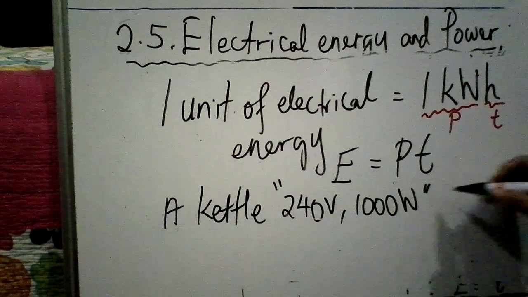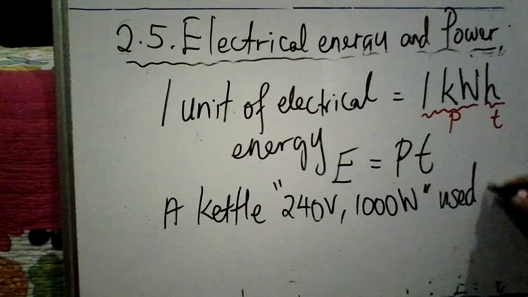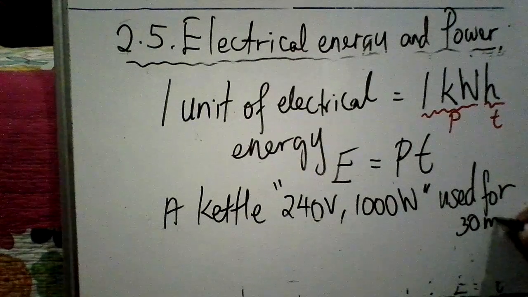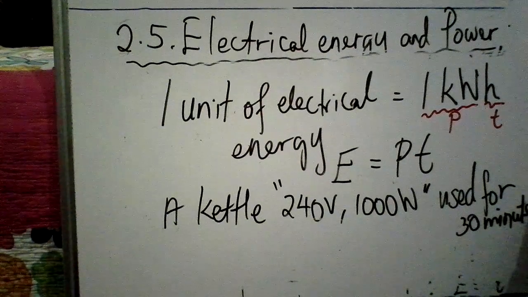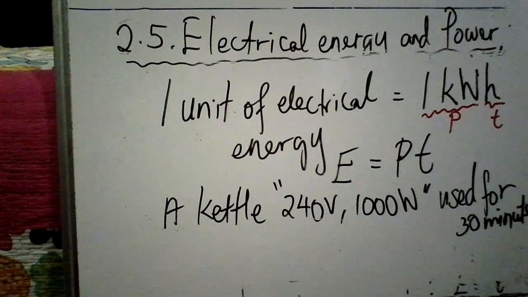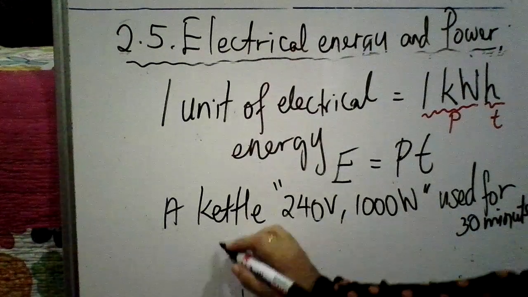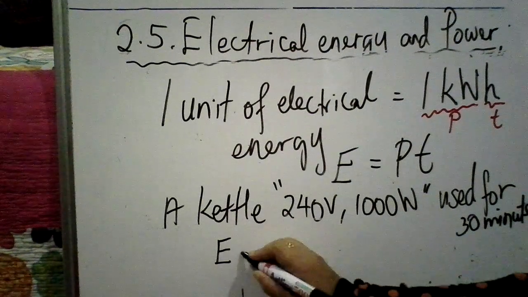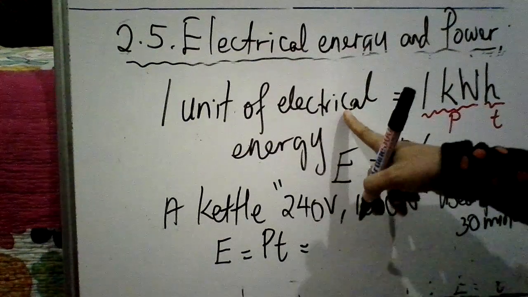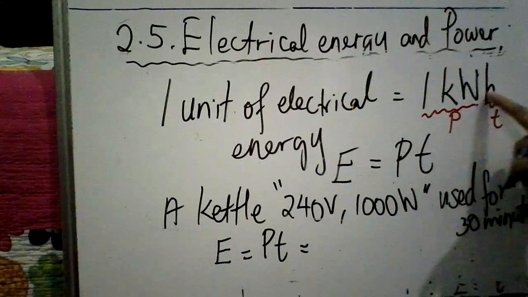So let's say it is used for 30 minutes. So what is the cost? Okay. So you want to calculate the number of units. So we use the formula E equals PT. Remember, 1 unit of electrical energy is 1 kilowatt hour.